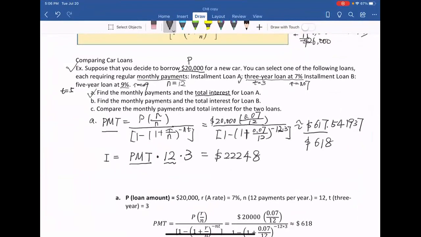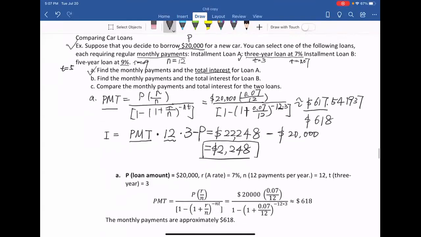Remember, we need to subtract P. Subtract P equals this. P is 20,000. Let's see, we have 2,248. So this is the interest we need to pay after 3 years for question A.